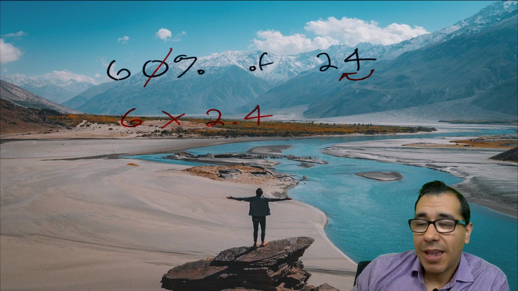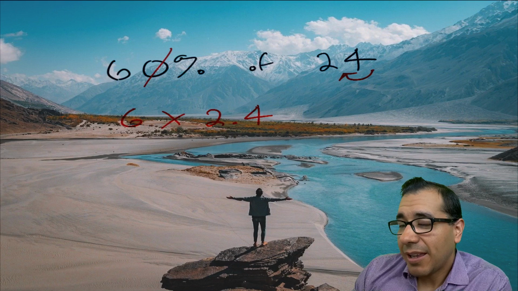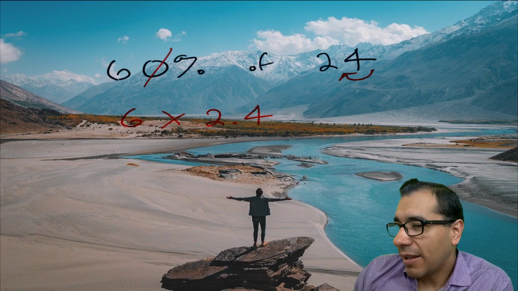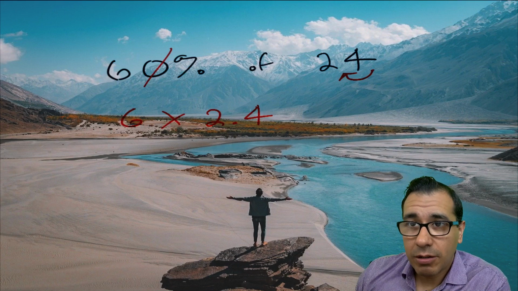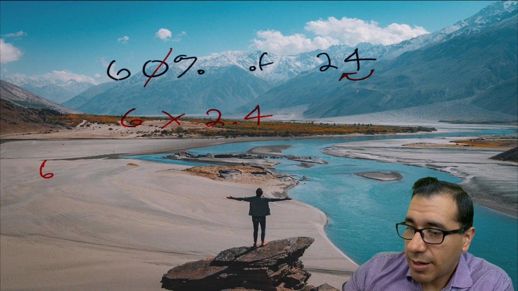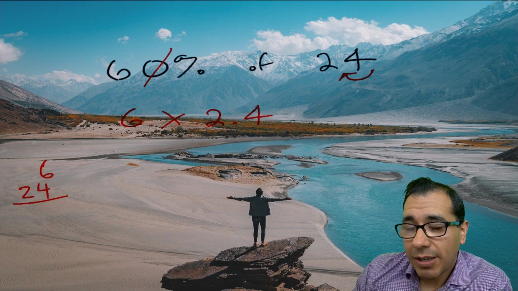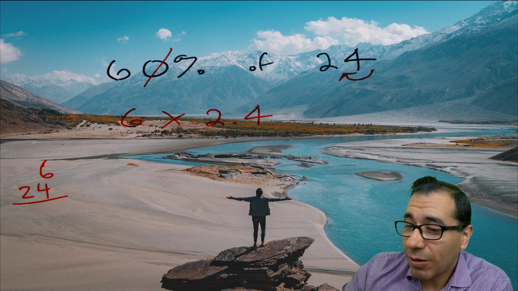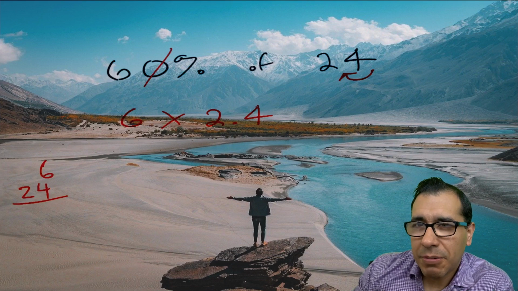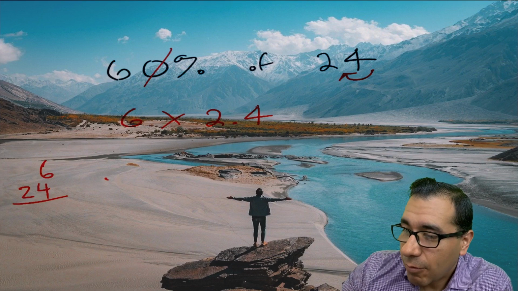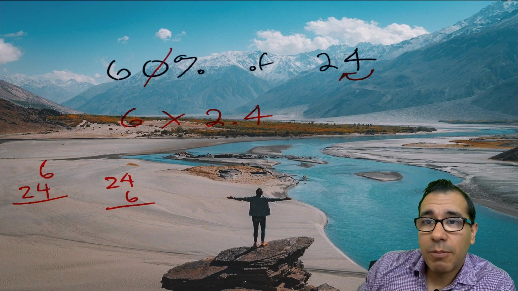And then we multiply, and you could multiply 6 times 24, or if you don't mind the decimal, leave it the way it is. Some people like it like this, and I just made a video like this. What I tell folks, because this is a mistake that I see often that confuses people, is to write the bigger number on top and the smaller number on the bottom.